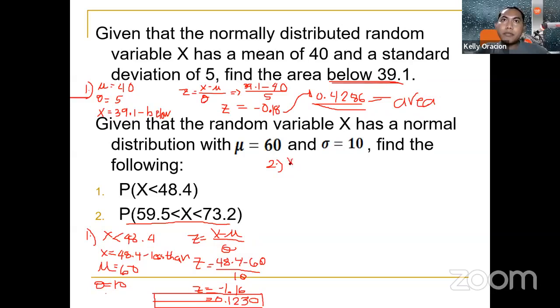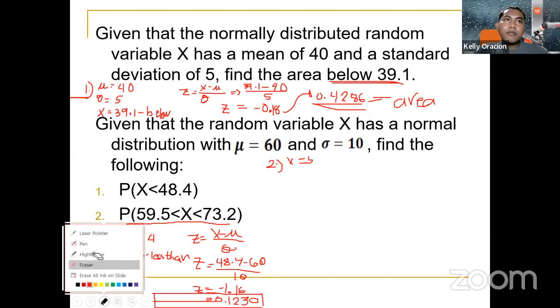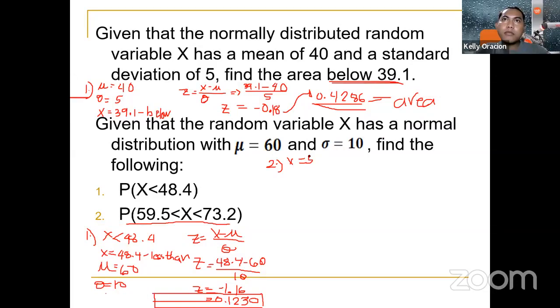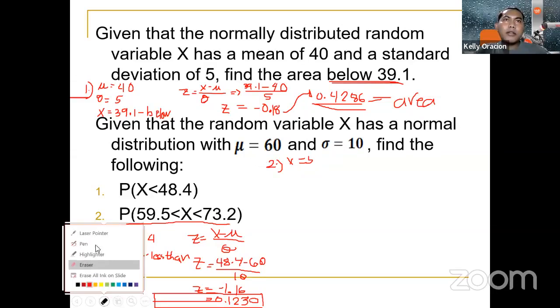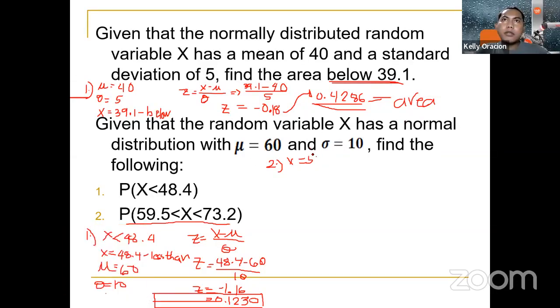First, we have 59.5. The other one, x is 73.2.